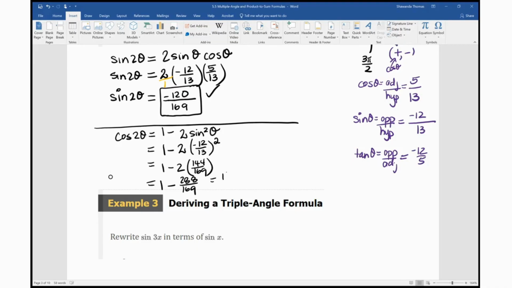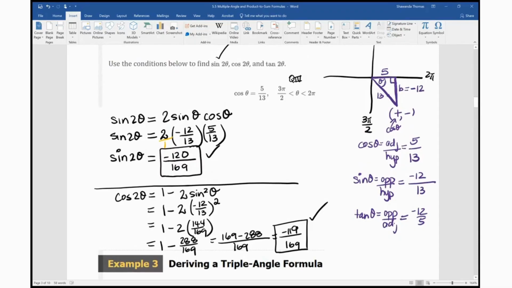So really that's 169 minus 288 over 169. What is that? Negative 119. Yes, over 169. All right, done with that one.